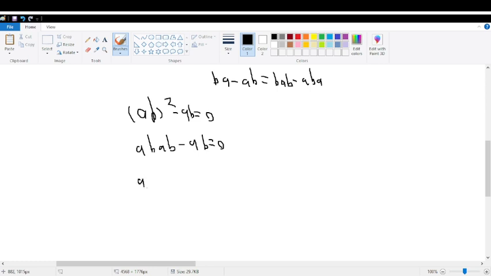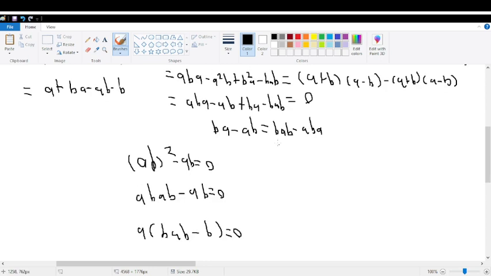We factor out the a to get a(bab minus b) is equal to 0. And from here, notice that we actually now get a new definition. We get that bab is equal to ba minus ab plus aba.